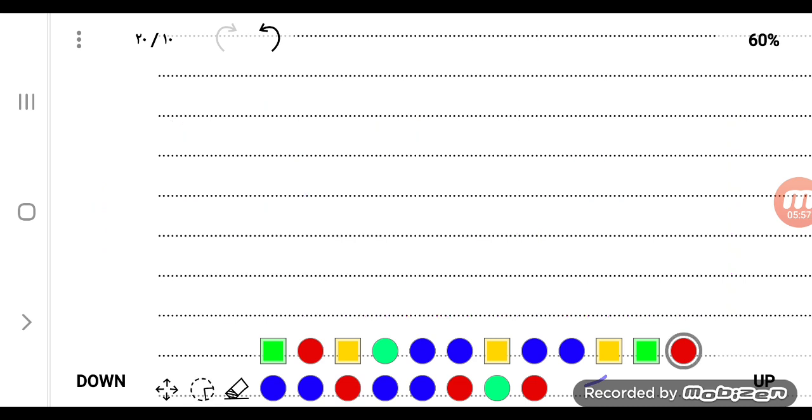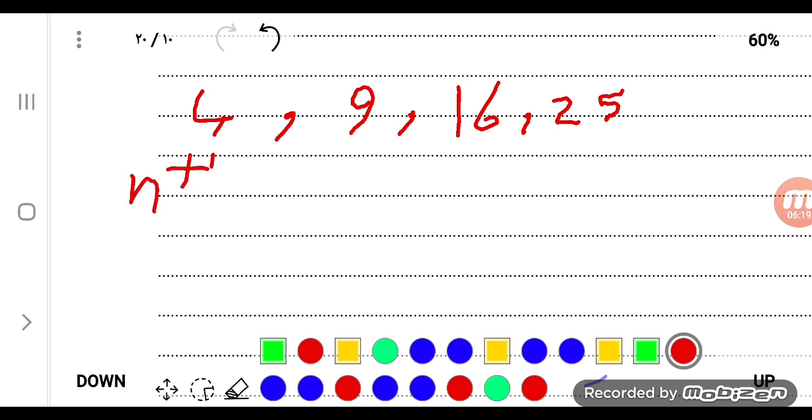Now, let me give you another sequence. Let's say we start with 4, then 9, then 16, then 25. Now, the question is, what is the nth term? How do you find the nth term in this case?